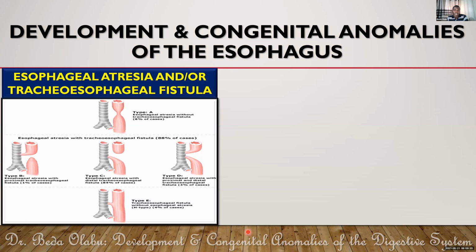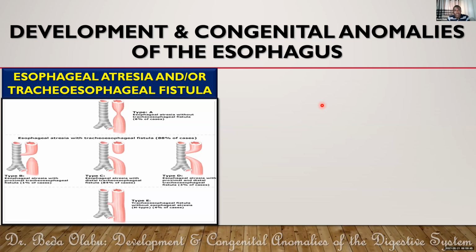So for the respiratory system, the thing is solid from the beginning. But for the GIT, the yolk sac was luminal initially. Remember, it's a cavity, so it's a lumen initially. Then that lumen obliterates because of endodermal proliferation, and then recanalization takes place.